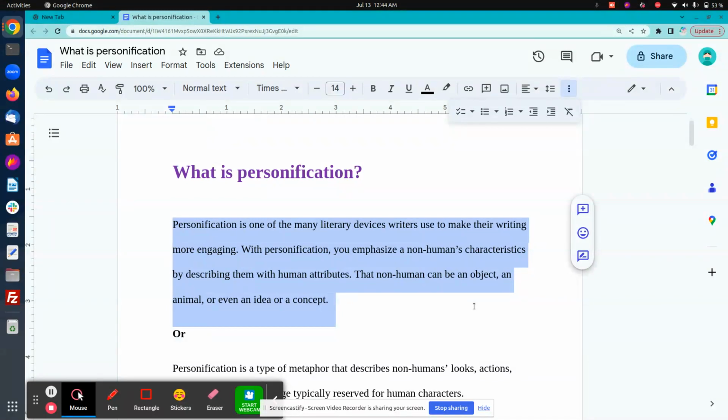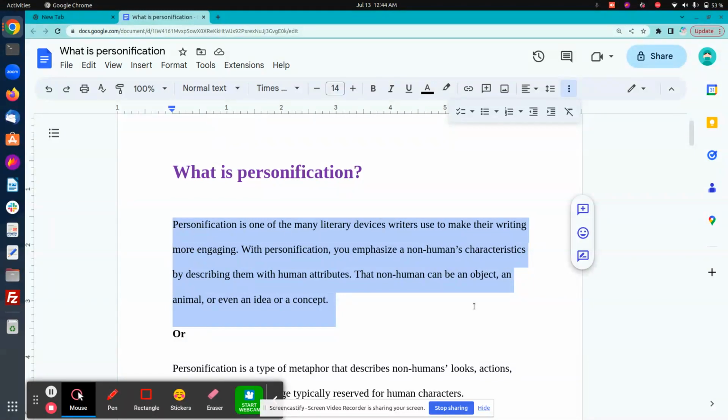So what you basically do is give human traits or human qualities to a non-human thing, a non-human object. The non-human can be an object, an animal, or even an idea or a concept. We're going to just let it sink in right now.